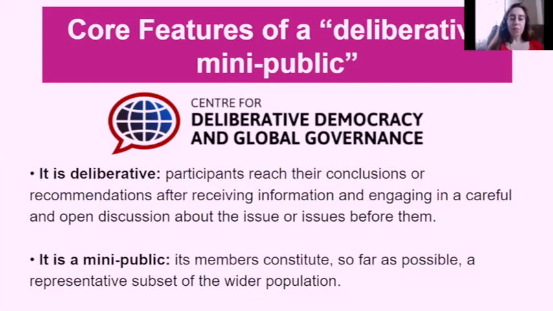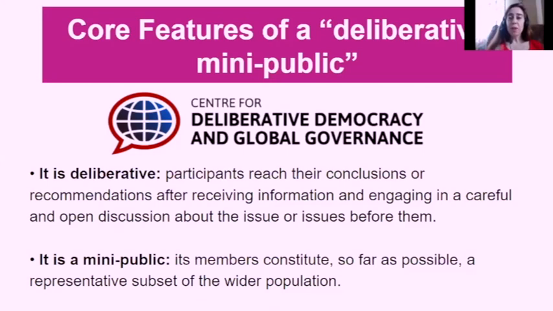The more important thing is that it truly aims to be a mini-public. So its members, so far as possible, constitute a subset of the wider population that's representative of everybody. So of course, you cannot get this exactly, but citizens' assemblies aim to get to this as closely as possible.